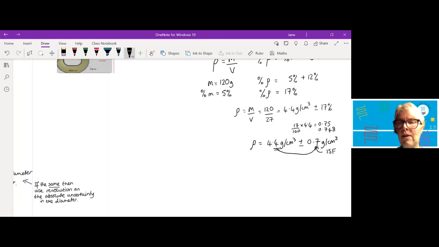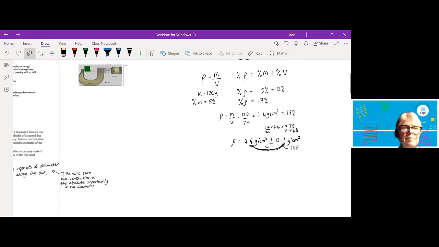I say to my guys, look, we're happy now. It ties in, because it's the same number of decimal places: the absolute uncertainty in the density and the final decimal place of the calculated quantity.